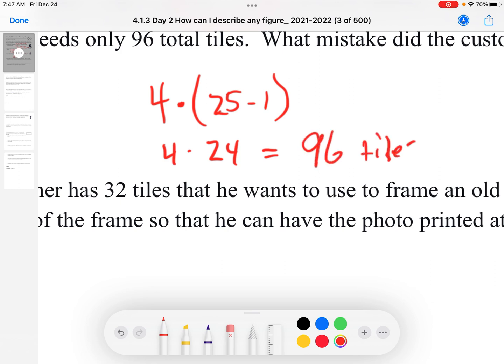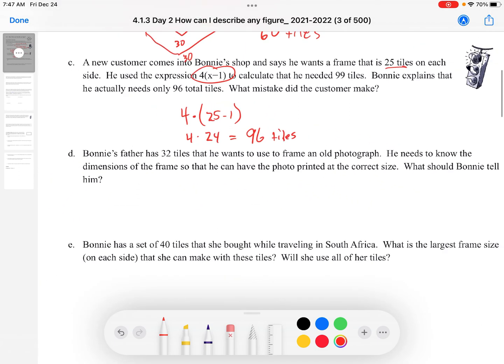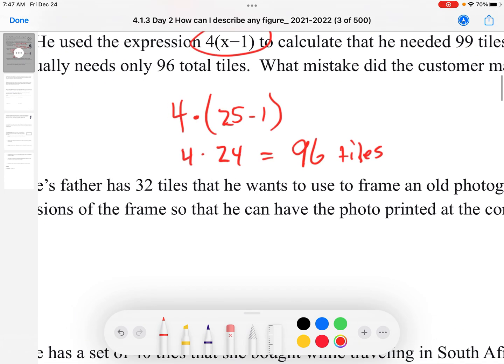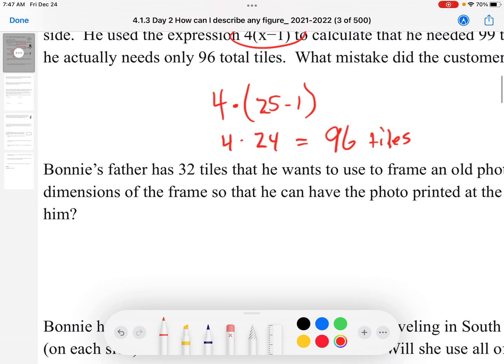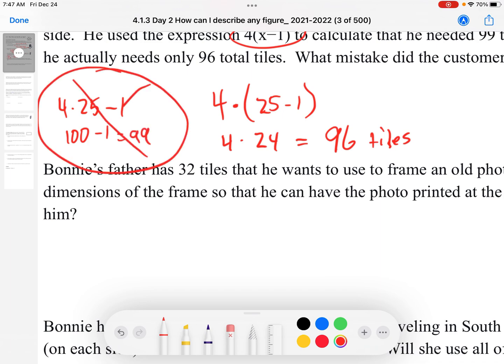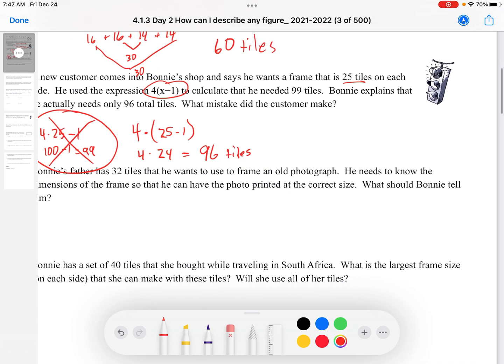So what in the world did he do that he got 99? Well, it looks like he may have forgotten to subtract before multiplying. Looks like he did 4 times 25, which is 100, minus 1, and that equals 99. That's not right. He did not use the parentheses first.